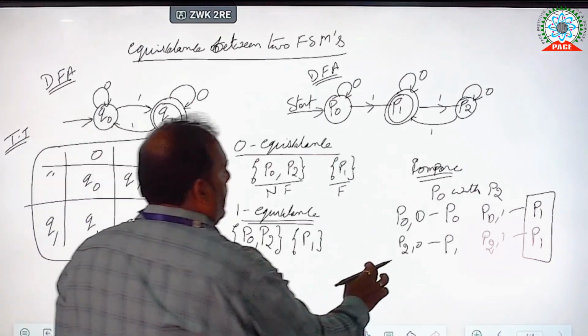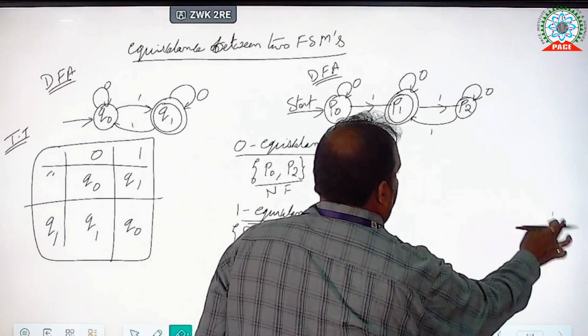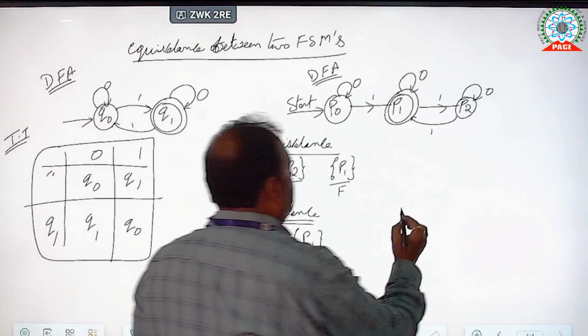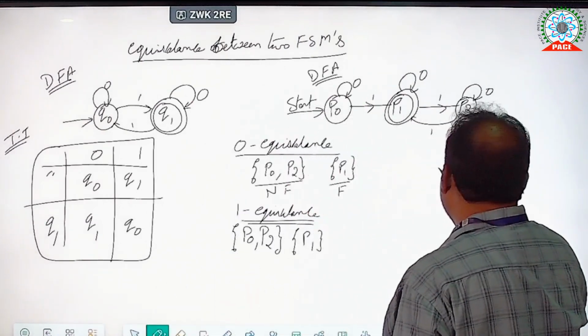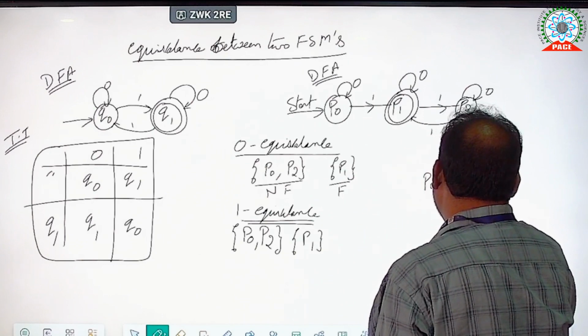Based on this one equivalence, we have to draw the table: P0, P2 form one state, which is the starting state, and P1 is another state, the final state.